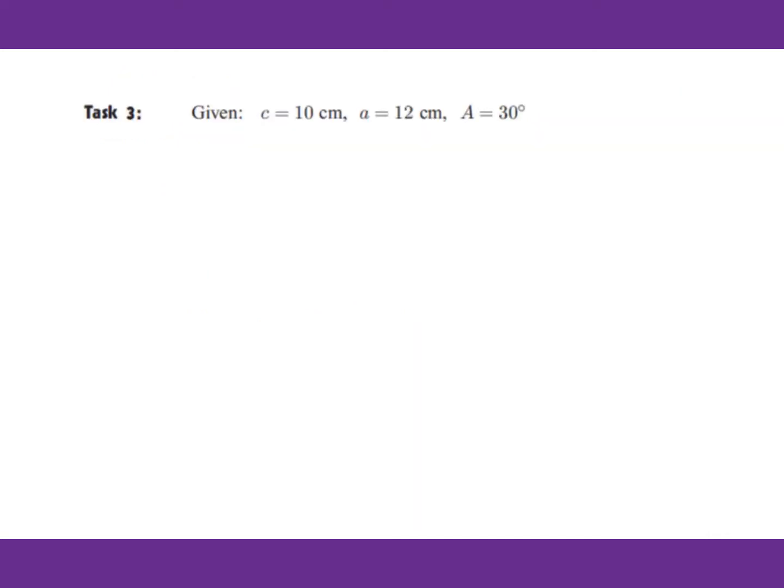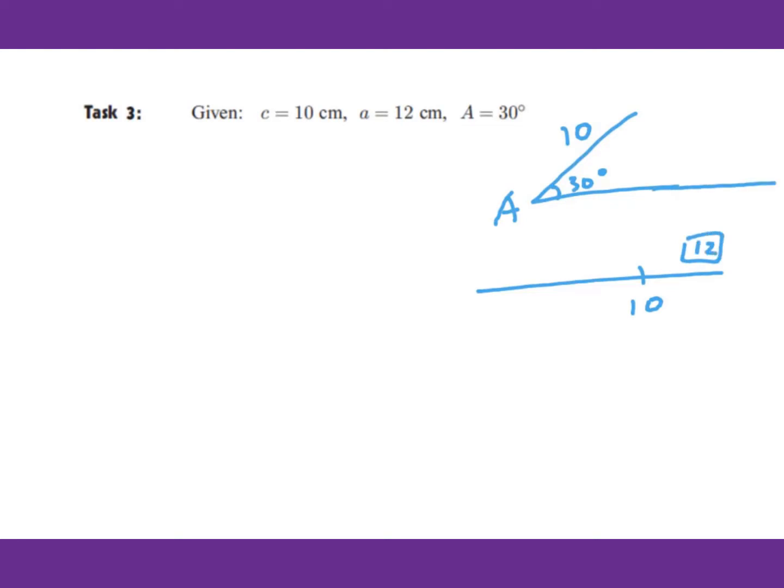Let's go to task 3. I will draw, this is the angle A labeled as 30 degrees. And c here is 10. This is 10. a is 12, greater than 10. So only one solution. You can form only one triangle.